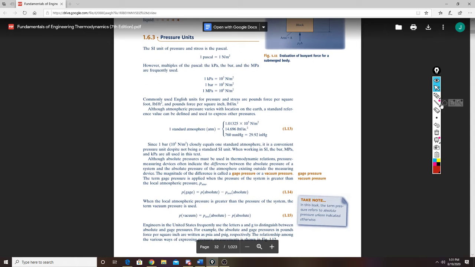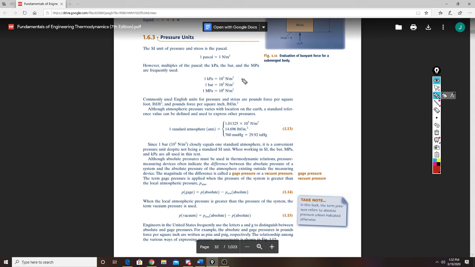And then we have pressure units. I told you I'm not going to spend much time on pressure, but in this class, in the back of the books, you'll be seeing things in bars for the most part. A bar is 10 to the 5 Newton per meter squared. 1 Pascal is 1 Newton per meter squared. 1 kilopascal is 10 to the 3rd Newton per meter squared.